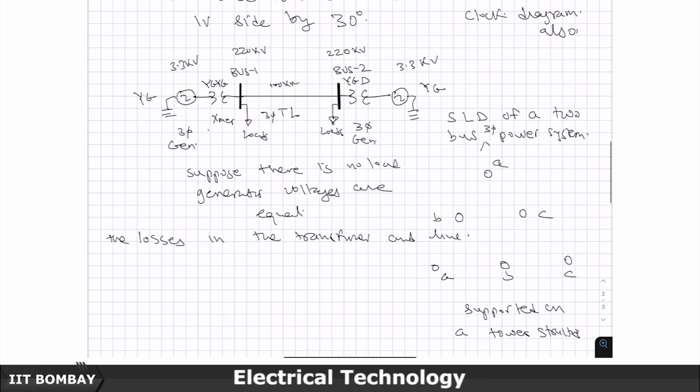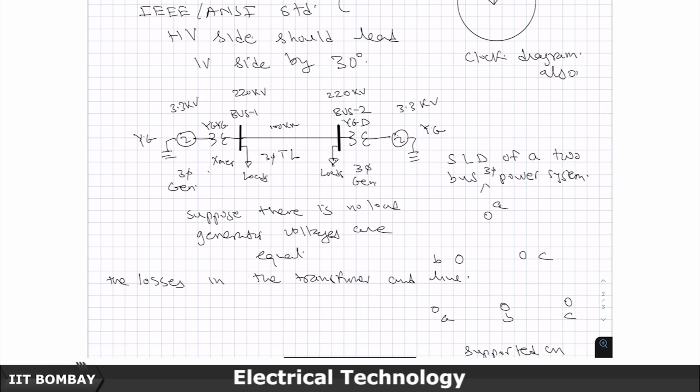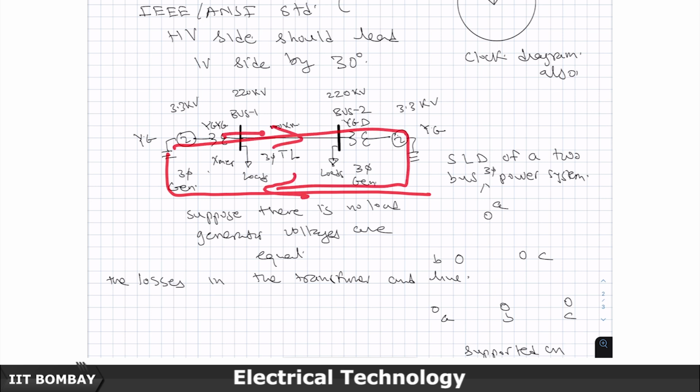Though the magnitudes of the voltages are assumed to be adjusted by the turns ratio, there could be asymmetry in the magnitude of the voltages here, and if there is a difference in the magnitude of voltages and a line is there and there is a path for current to flow, it flows like this, goes to the ground, flows back through the ground and comes back.